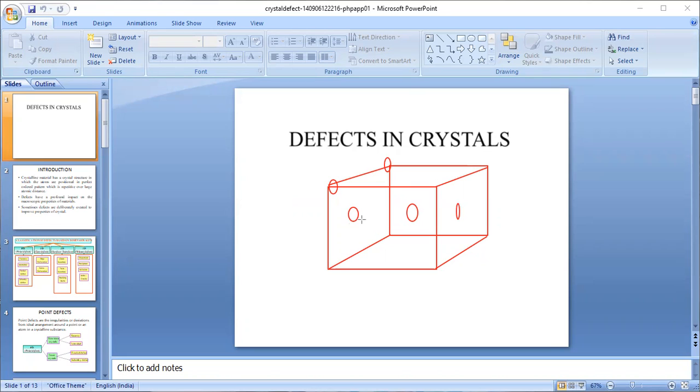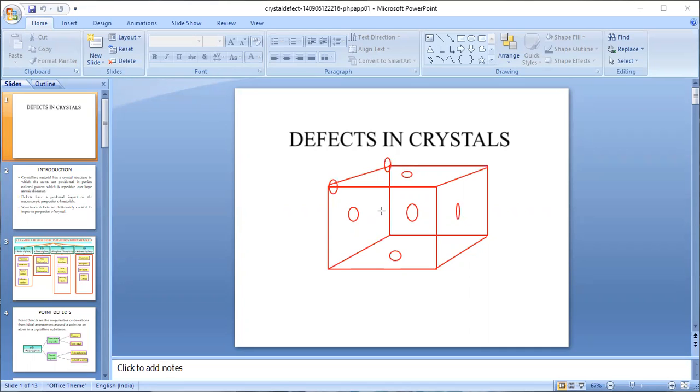So two atoms are present opposite to each other, or one atom at the top or one atom at the bottom. Such a type of unit cell we call an end-centered cubic. So these are the four different classifications of cubic cells.